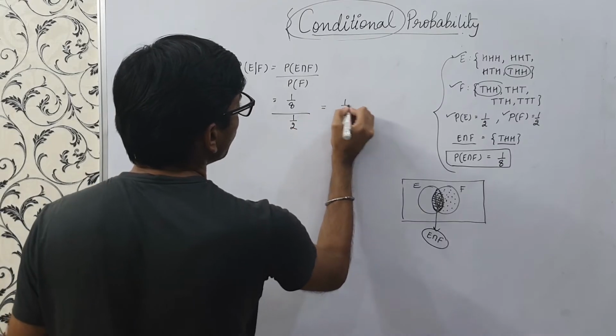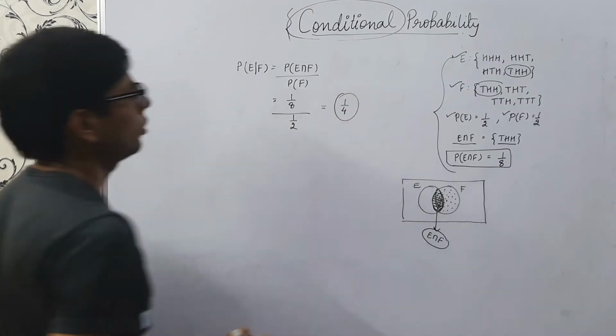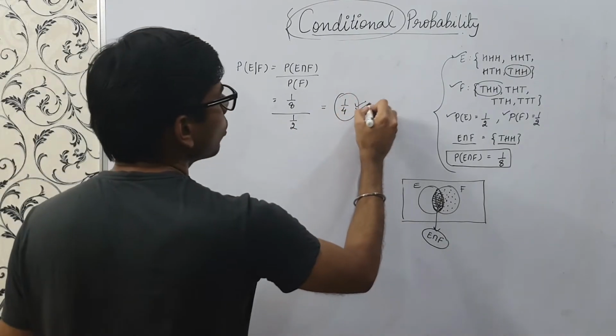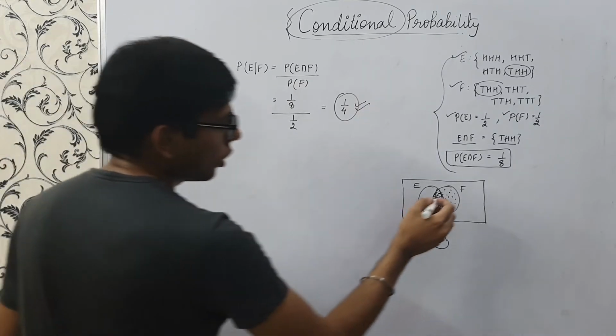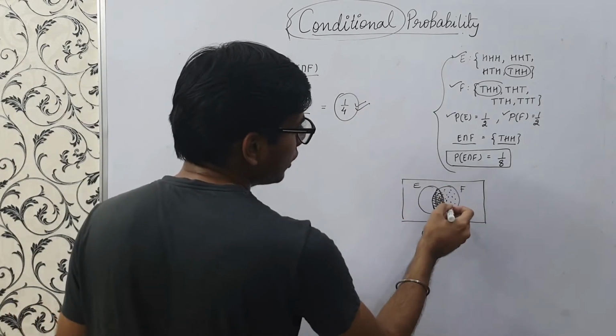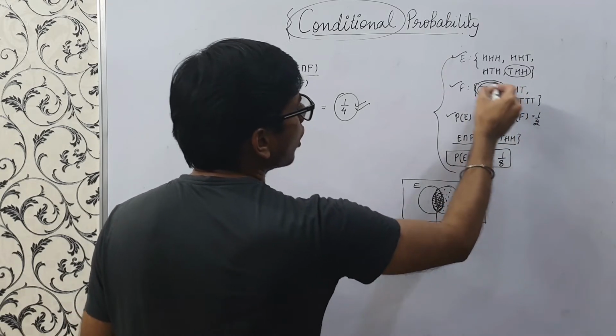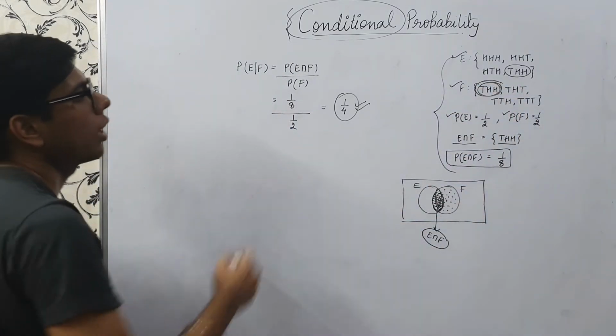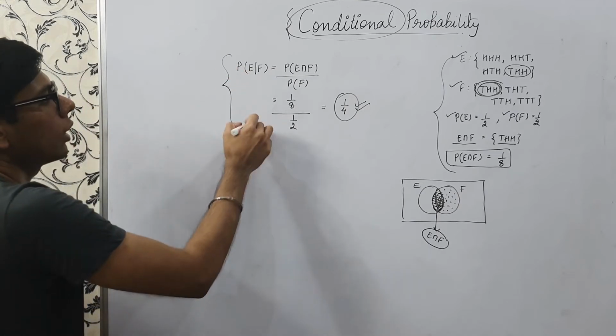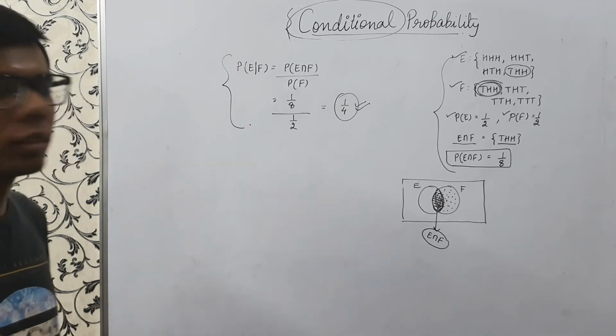So this turns out to be 1 by 4. This is the way we calculated earlier also. In F there are 4 elements, and out of 4 this is the common one, so it is 1 by 4 from here also. In this way we can calculate the conditional probability.